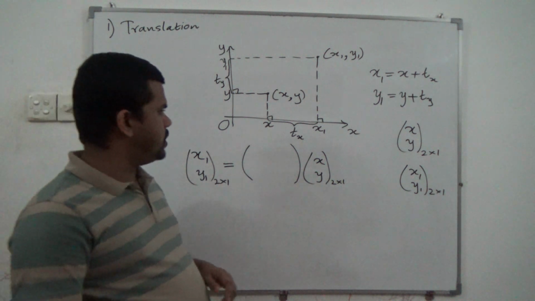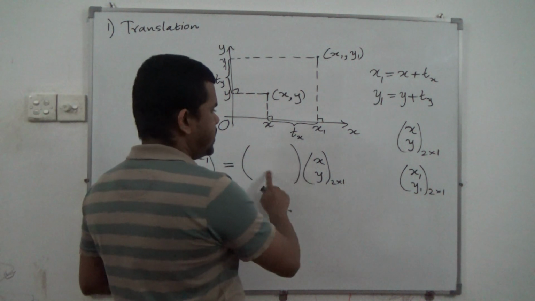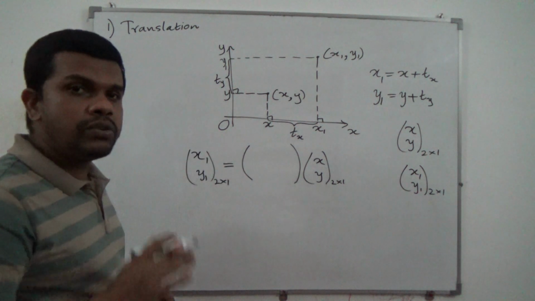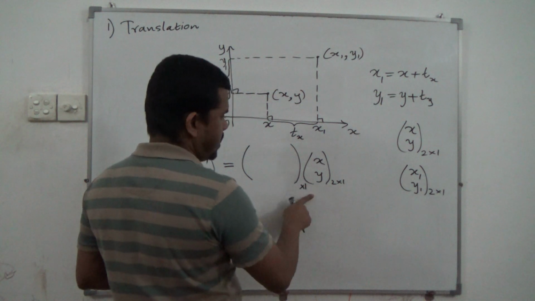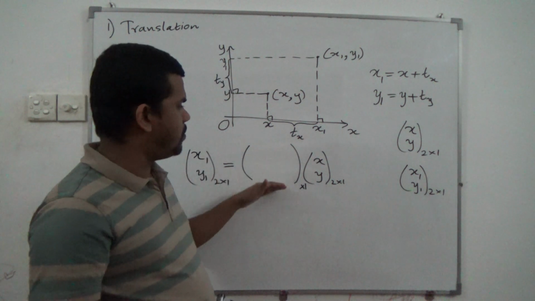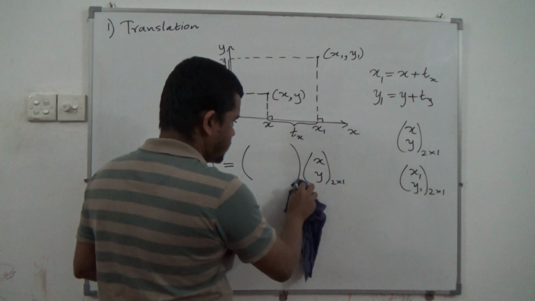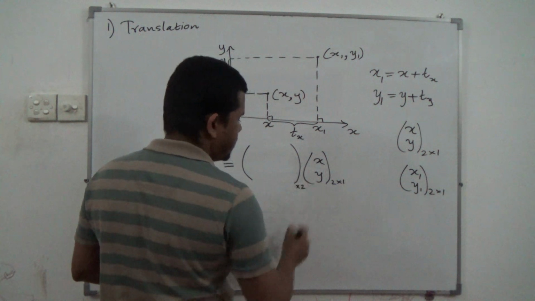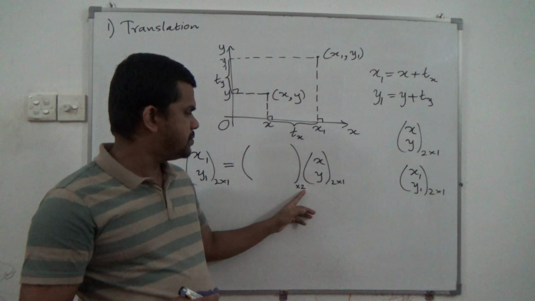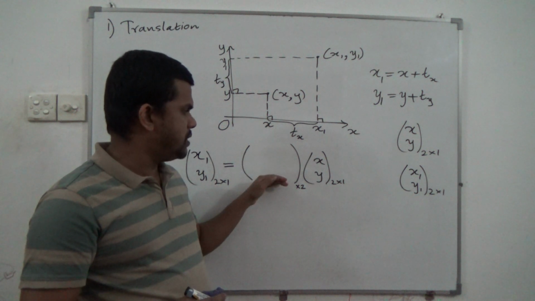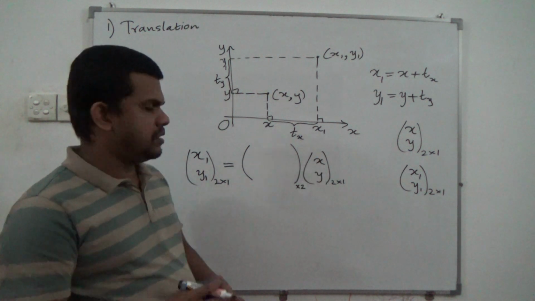Now, in order to do that, let's think about these two matrices. In order to be able to multiply these two matrices, the number of columns in this matrix must be equal to the number of rows of this matrix.